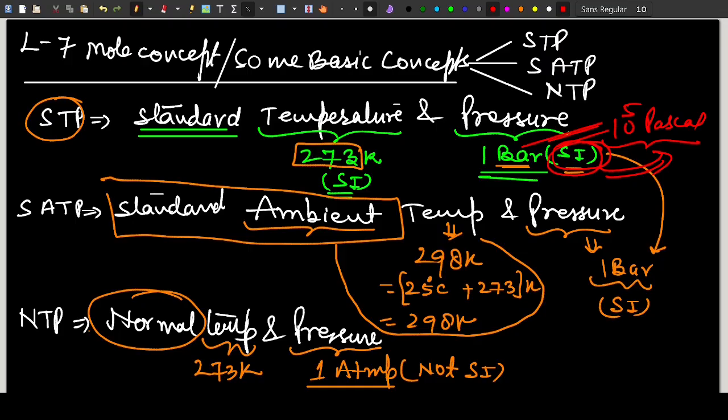Here the same thing: we should change it in terms of Pascal. So the Pascal unit we should always use as the SI unit. The conversion of bar into Pascal is very easy. It is 10 to the power 5.